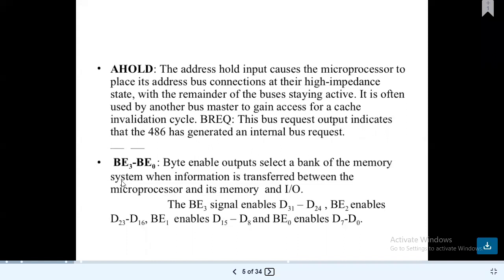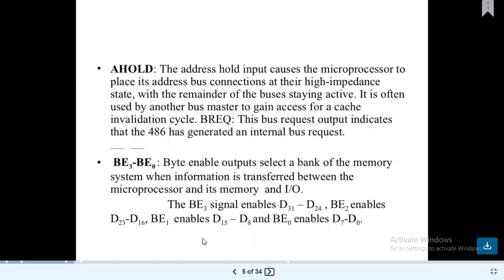So the next pin is BE0 to BE3. So this is the byte enable. BE means what? It's byte enable, and here the outputs select parts of the memory system where the information is transferred between the microprocessor and the memory, along with input and output devices.